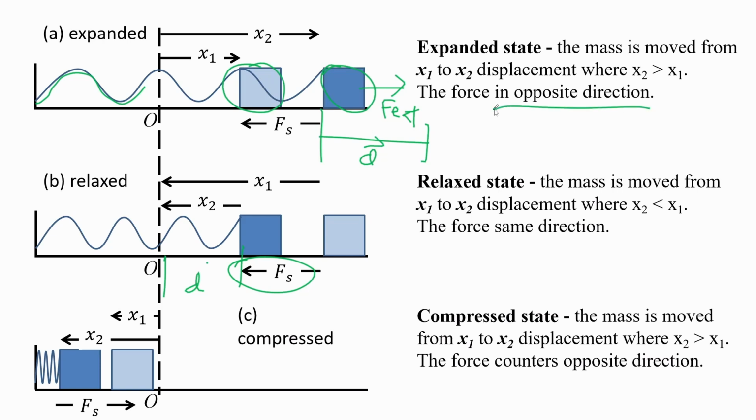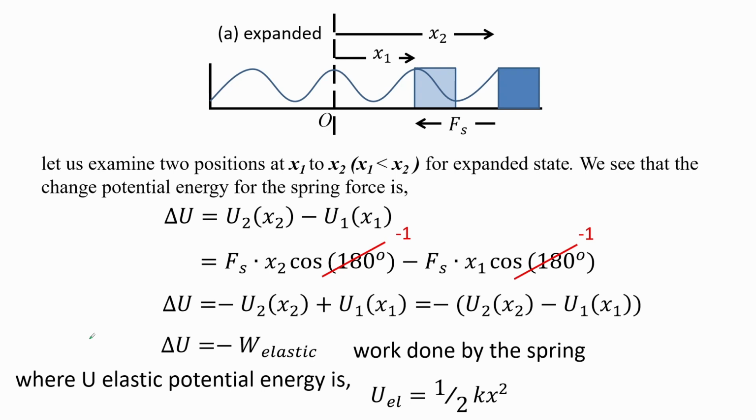And of course, this one's the compressed state. The force is in the opposite direction to the displacement. Okay? So let us examine two positions at x1 to x2. So x2 is greater than x1. So we expanded it.